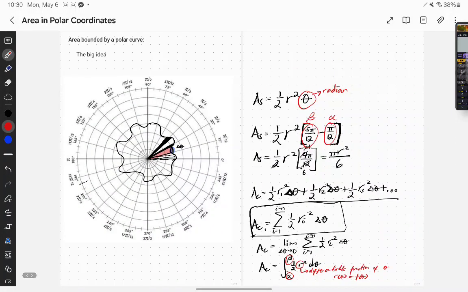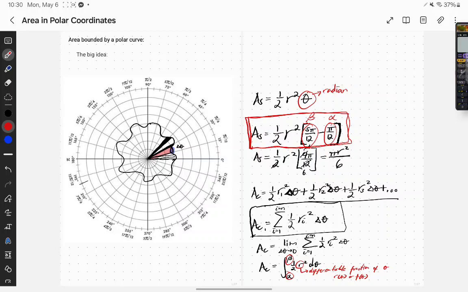It's just like what we did earlier, where we start and where we stop in finding the area of the polar curve.